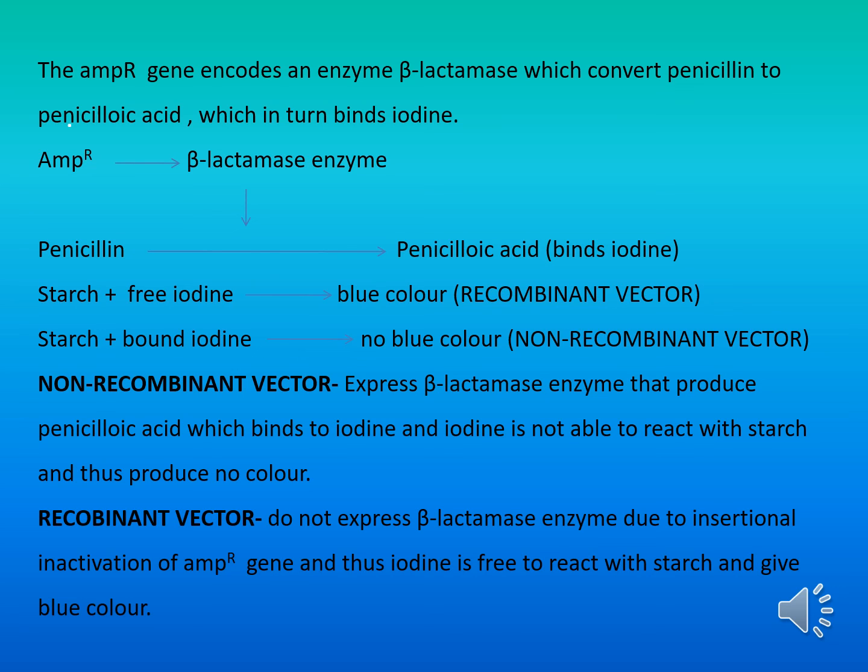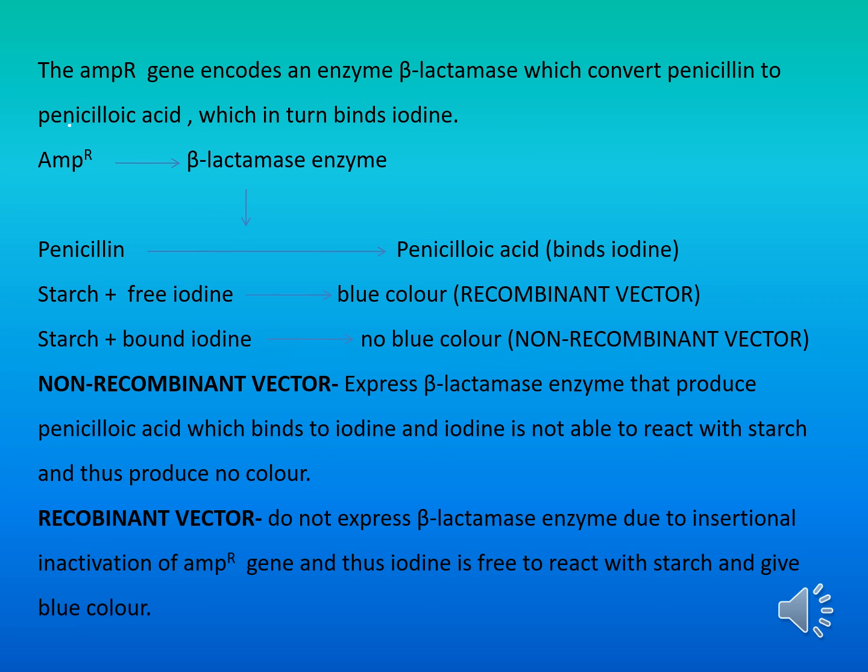When we form a recombinant vector, then the ampicillin gene is inactivated, so beta-lactamase enzyme is not produced, and when there is no beta-lactamase enzyme, then no penicilloic acid is produced. When no penicilloic acid is produced, iodine is free and it can react with the starch and give blue color. In the case of a non-recombinant vector, the ampicillin gene is active and it produces beta-lactamase enzyme, which produces penicilloic acid, which binds with iodine, and iodine is not able to react with starch and no blue color is produced.